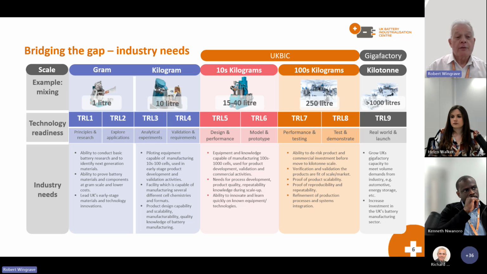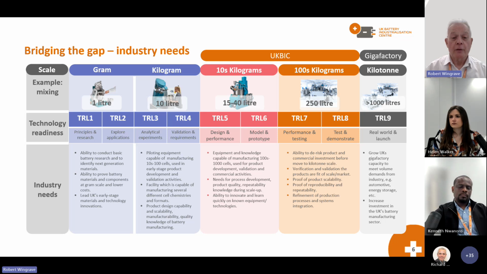However, we realized there was a small gap within that market, and we're now addressing that with the tens of kilogram scale with our flexible pilot line and some of our newer capabilities that we have at UKBIC. So our role here is to help de-risk investment and upscaling of manufacturing.